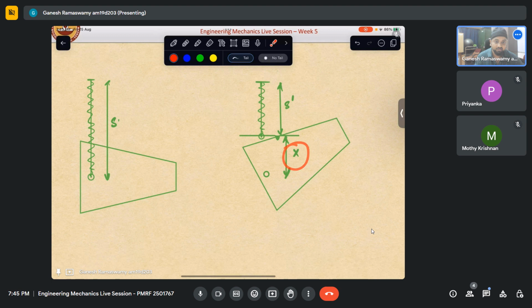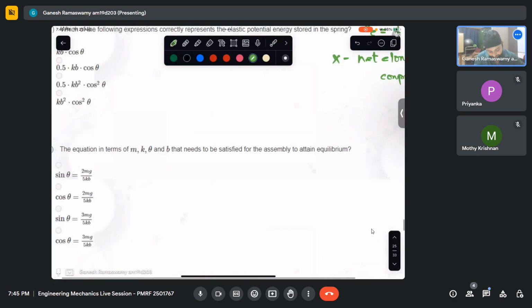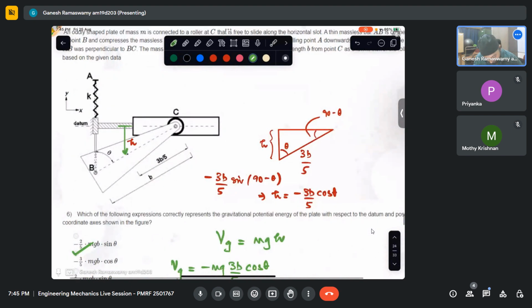We know this triangle where this is given to be theta and that distance is given to be B. So we can easily see that X is nothing but, in this, this is my X. This distance is my actual compression in the spring. So in this triangle, can I see what this is?